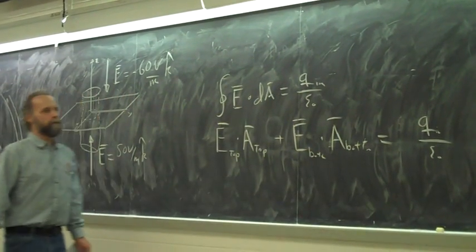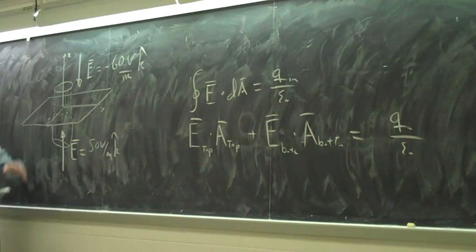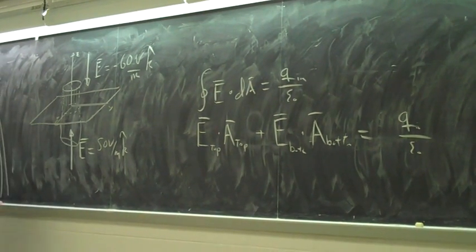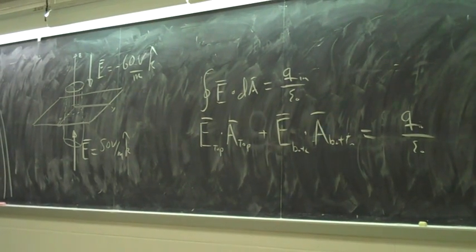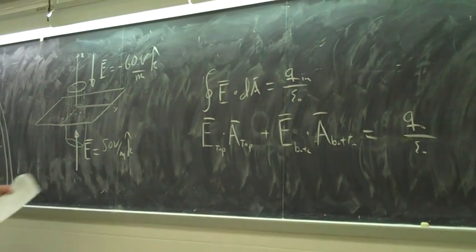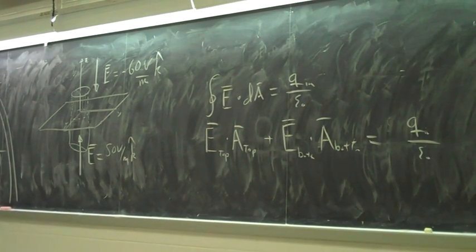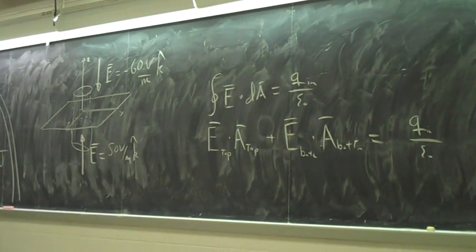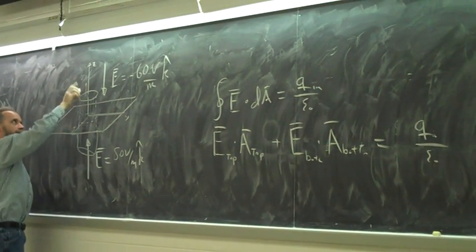All right, which way is E pointing on the top? Down. Which way is the area pointing on the top? Upward. The vector area always points from the inside of your volume to the outside, so the area part is pointing up.